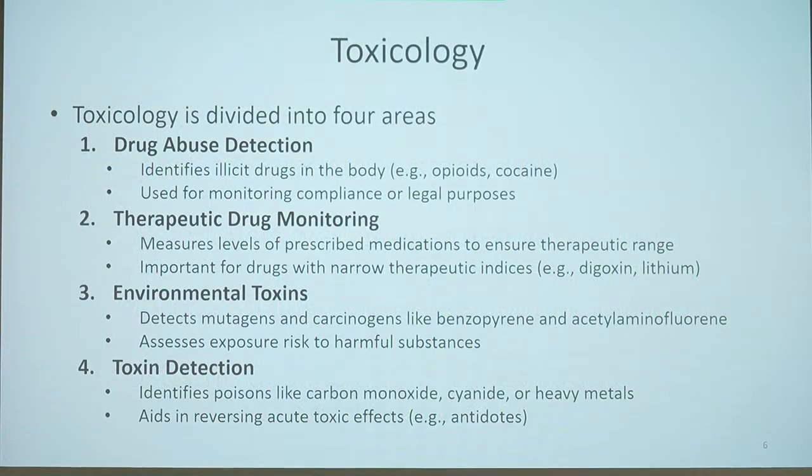So in terms of clinical lab testing, there are 4 general areas of toxicology. We talked about toxic detection, when we talked about those agents that have antidotes or those agents that are seen in the ER or for clinical management. Environmental toxins are toxins found in food, water, and air, and they potentially cause cancer. Those agents or compounds are also tested in the clinical lab.